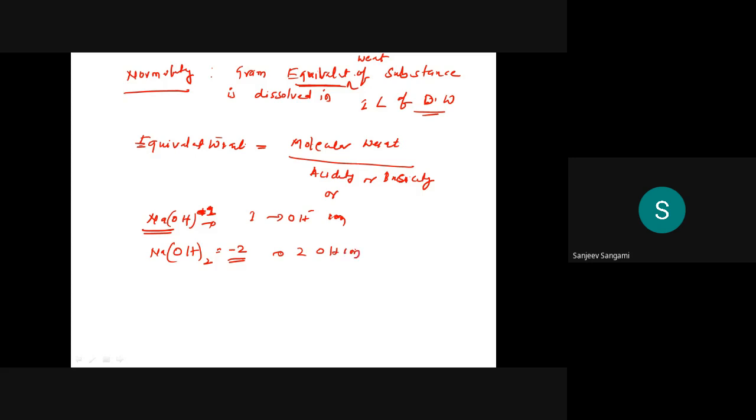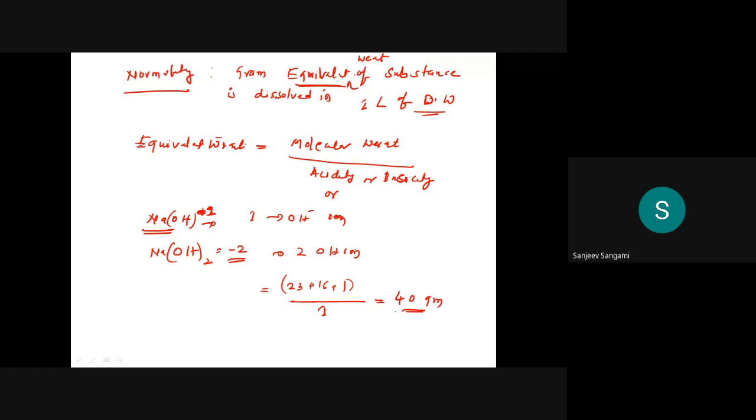Suppose I want to calculate the equivalent weight of this NaOH, then how do I calculate it? The molecular weight we already calculated: 23 plus 16 plus 1, divided by its basicity. Basicity is 1. So then it will be 40 grams.